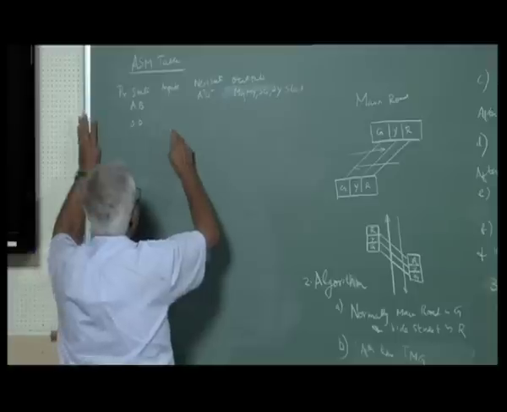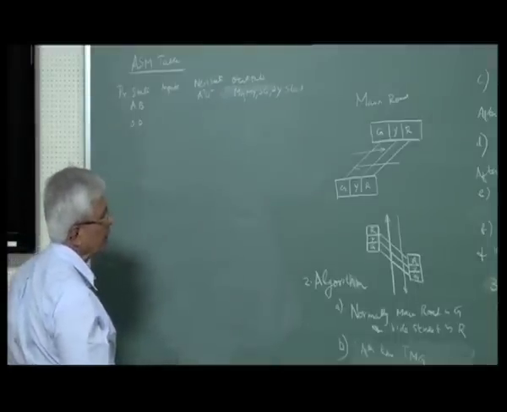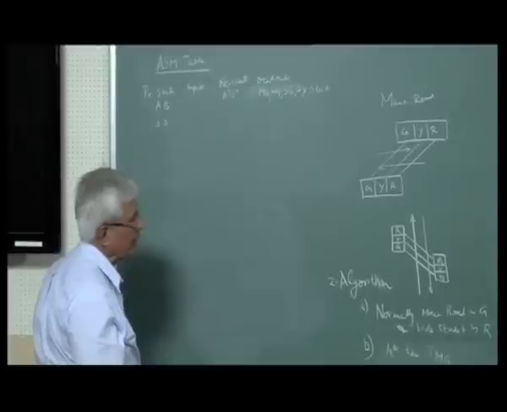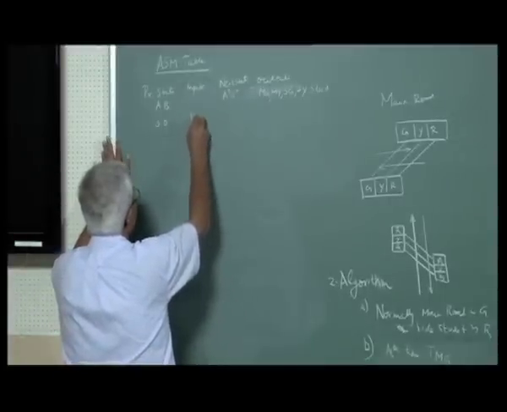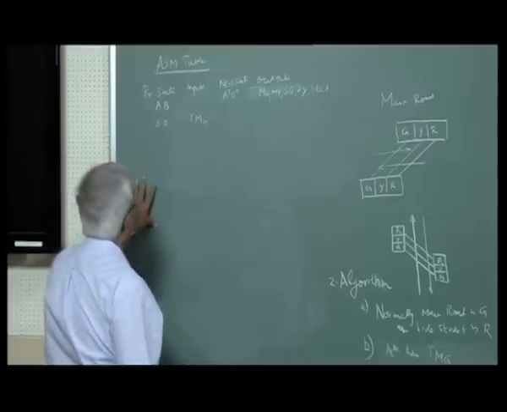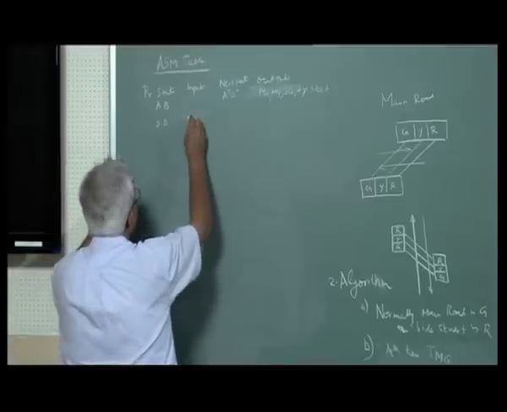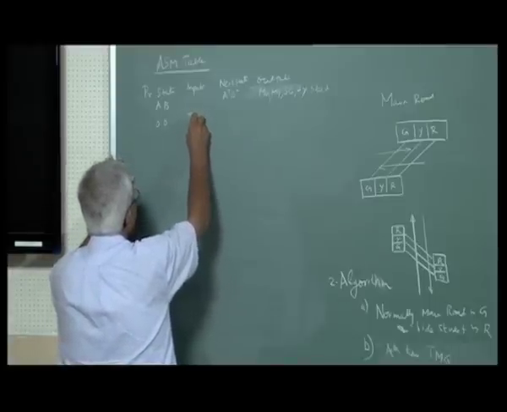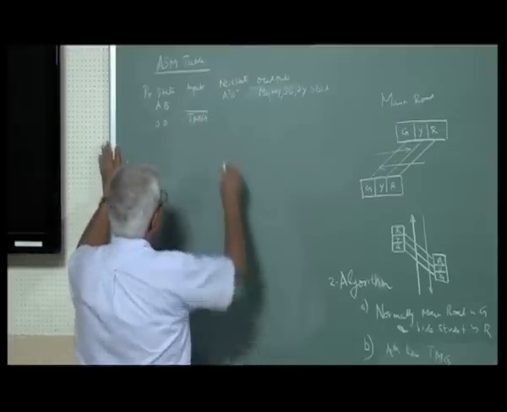So when AB input is verified as TMG. TMG is verified. TMG bar, it remains in 0 0.